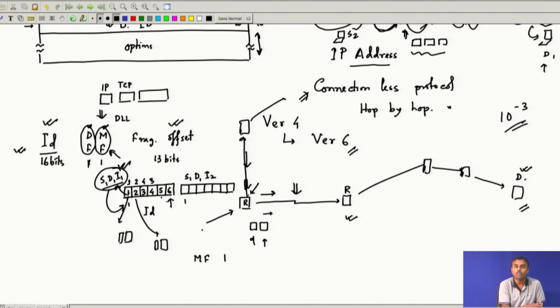All those things the user does not have to care about. The user can just do these things knowing the destination, what its capability is. The user can just deliver this packet, and then the IP layer does this whole fragmentation part to manage the data delivery smoothly.